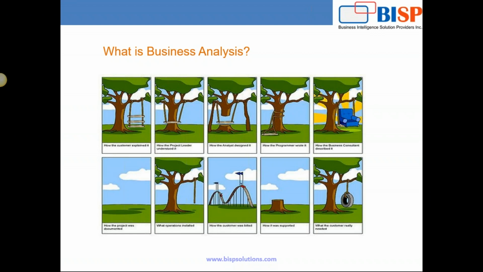Now let's see what happens if business analysis is not there in a project. As you see on my screen, in the first diagram, in the first image, you can see what the customer expectation is that the customer has explained. Now there might be chances that the project coordinator or project manager or any team architecture lead who is directly communicating with the customer understands the requirement like the second image.